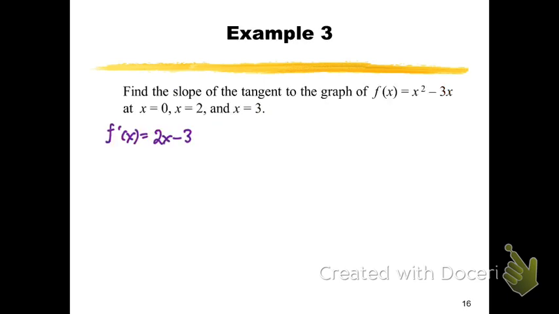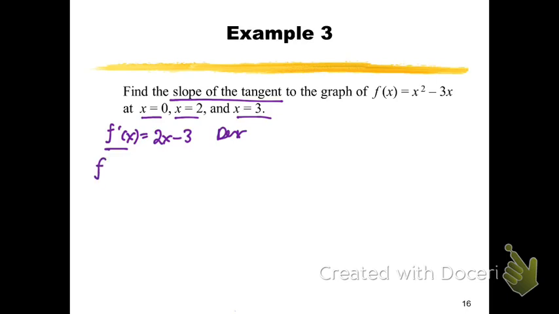Now, let's recall that f prime of x is 2x minus 3. And what was one of the definitions for f prime of x? It's the derivative. It also gives us the slope of the tangent line at a particular point. So let's look at these particular points and see what the slope would be.